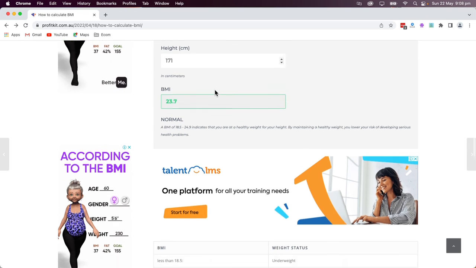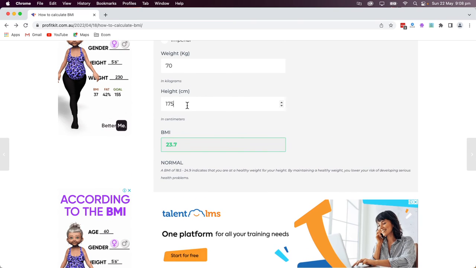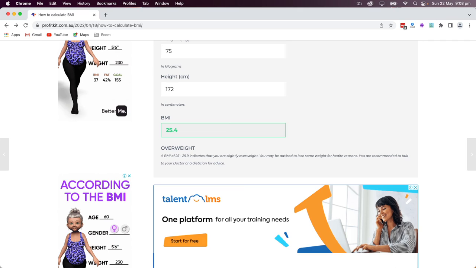You can play around with that. If we keep the height at 1.72 but go up another 5 kilos, it will change to say that you're overweight based on your BMI, because it's gone just over into the next category, so 25.4.